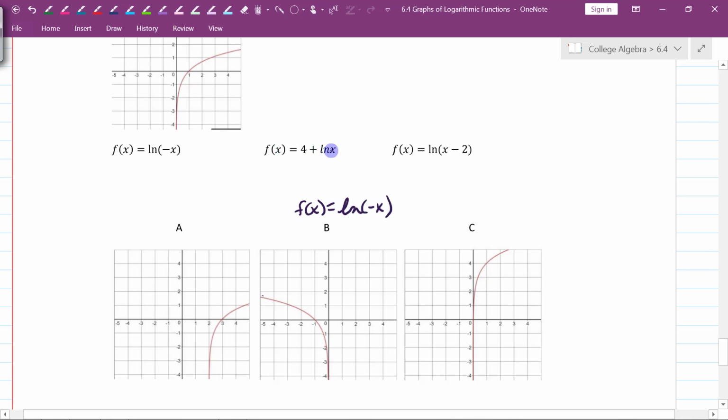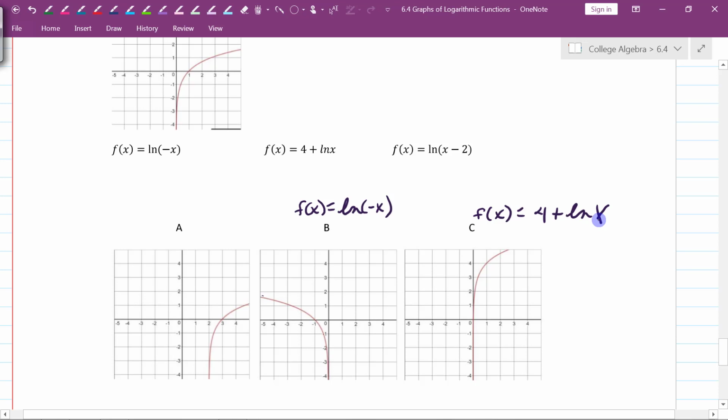Looking for this one right here, notice I have a shift of positive 4 units in the vertical direction. The only one that went up 4 units is this one right here. And you can count the point right here, our one known point, 1, 2, 3, 4. Bam, there you go. So right here, this is f of x equals 4 plus natural log of x.